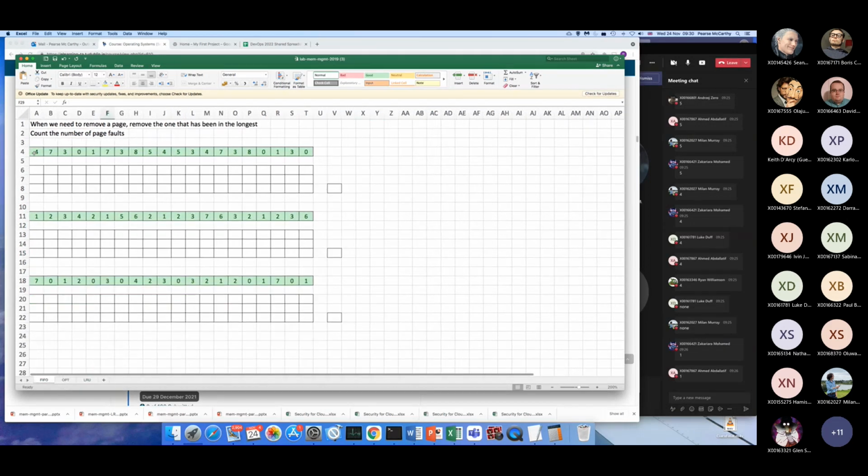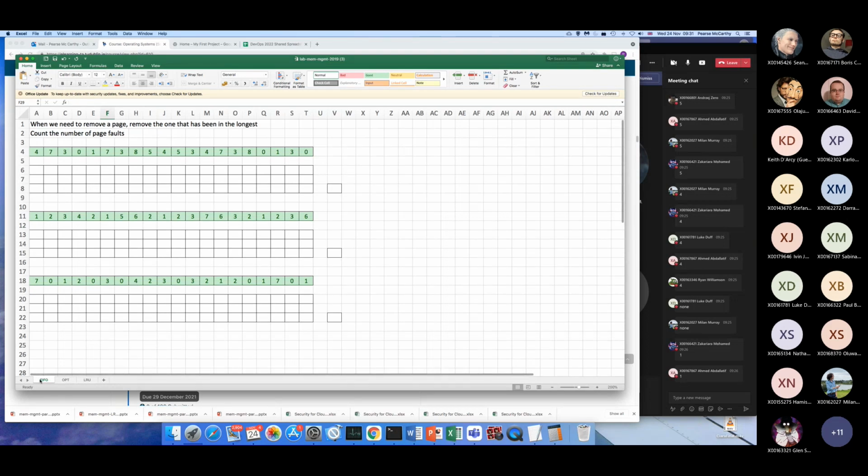The data in each one is the same, and the whole point is you do each algorithm and then you compare them. So this morning we'll do 1 FIFO and 1 OPT, and then we'll do all the rest in the lab next week.